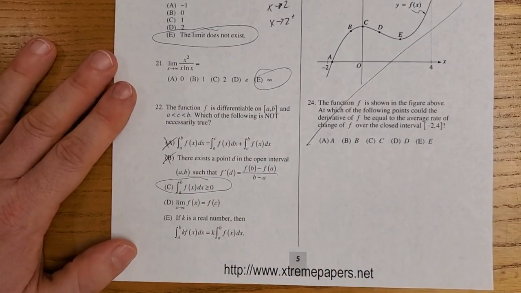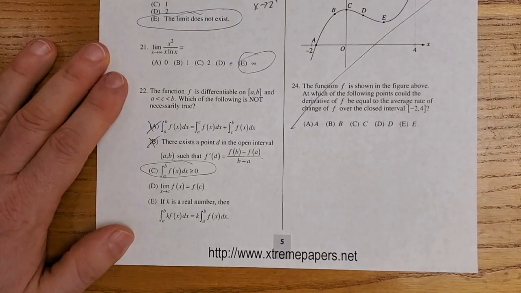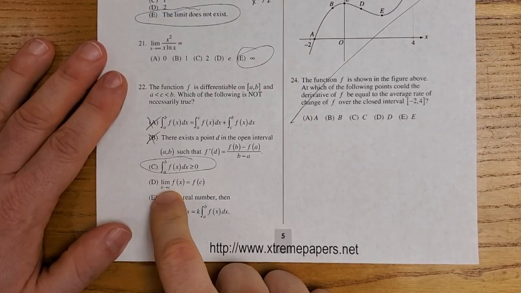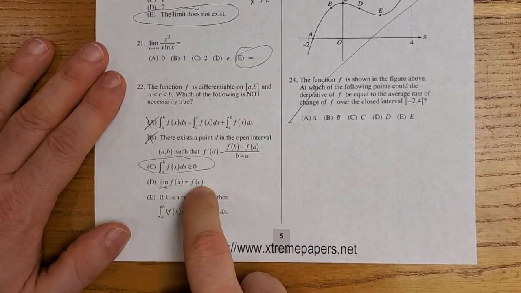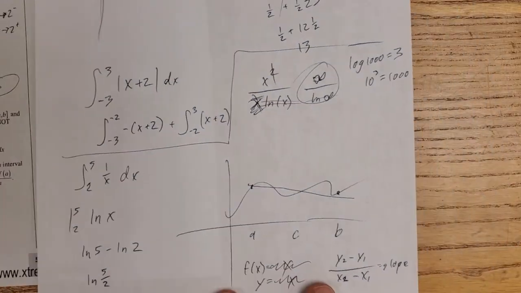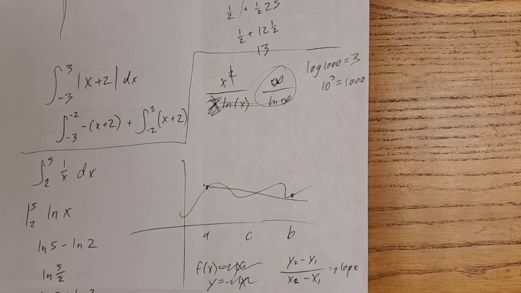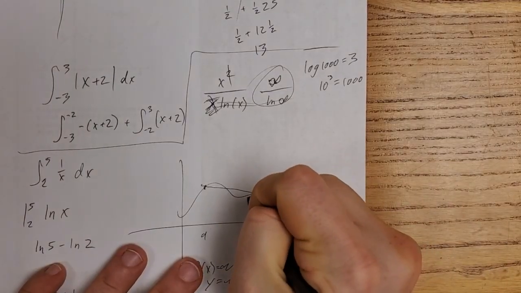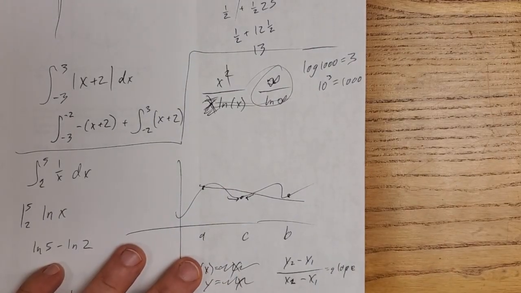But let's check the other two just to be safe, just to prove it to ourselves. So selection D asks us the limit as x approaches c of the function is just the function at c. And this is one of those that if there's not a gap in the graph, if there's not an asymptote, if nothing weird is happening, then the limit as you are approaching c from either side really is just whatever value is there.